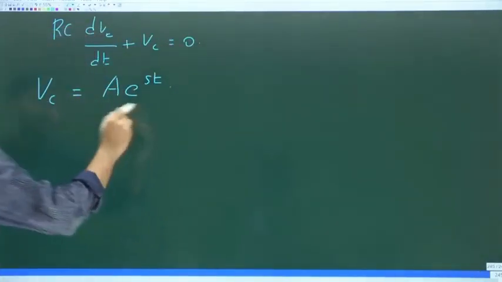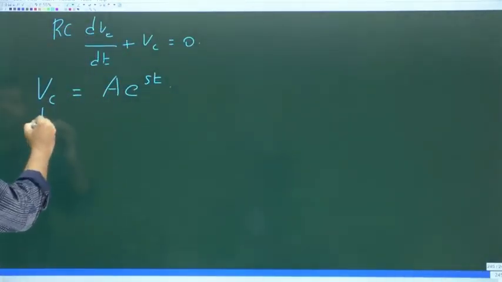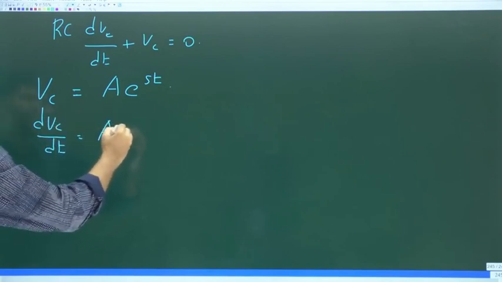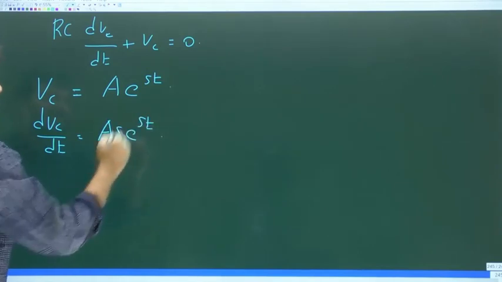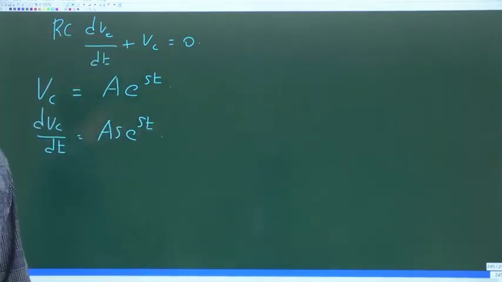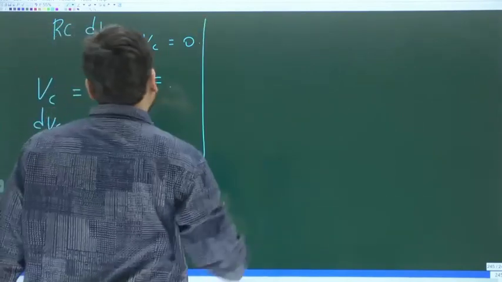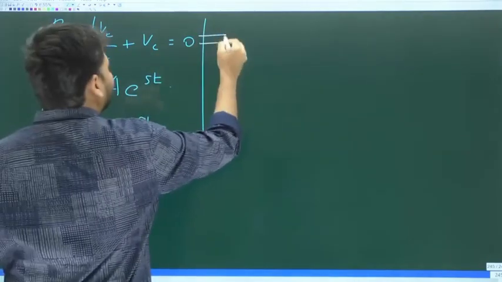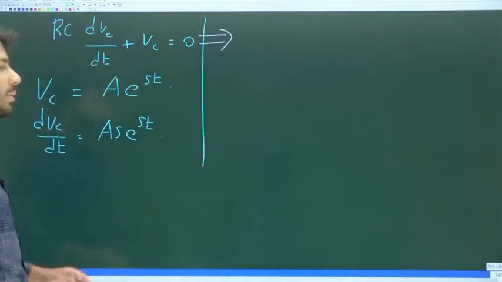If Vc is A times e power st, what is dVc by dt? Is it not As times e power st? Now go back to the differential equation.